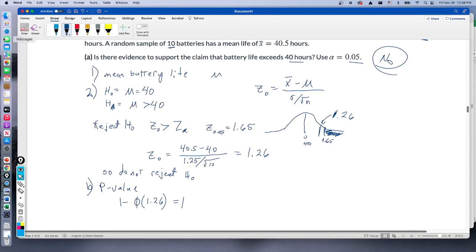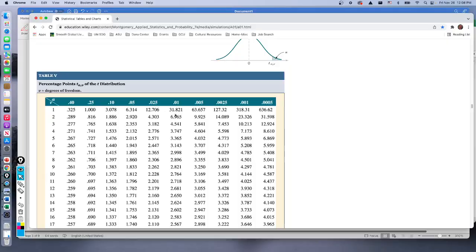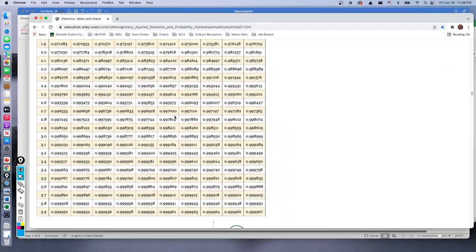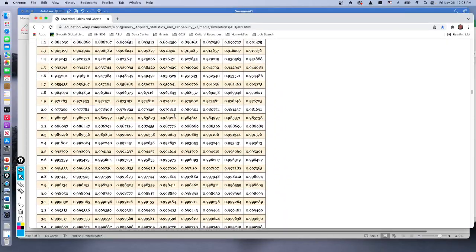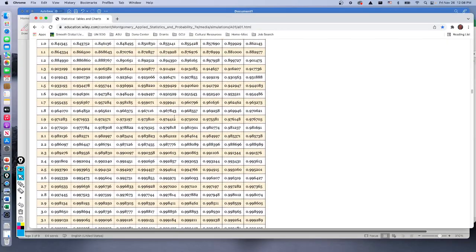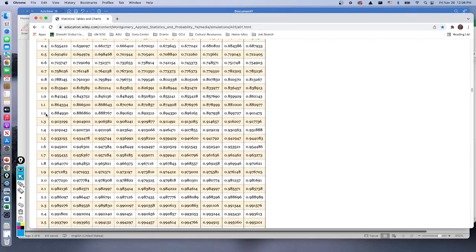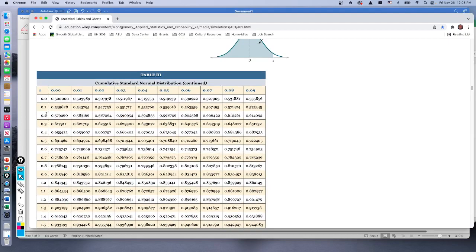Let's do that. Let's see, where's my table? I think my table's here. We go to the z table. We're going to look up 1.26. Here's 1.2. Here we go. 0.06 gives 0.8962.